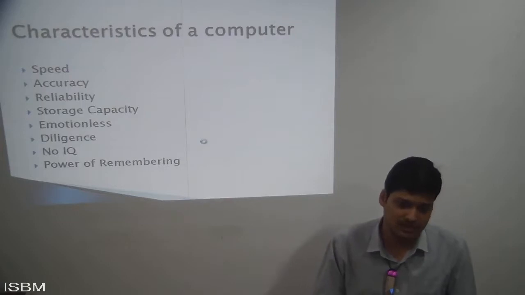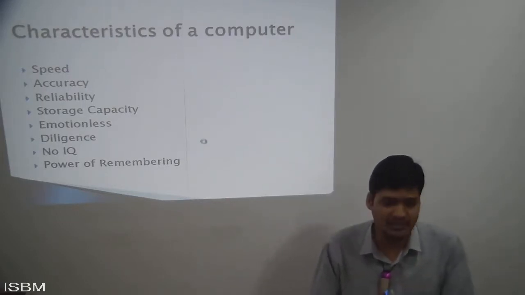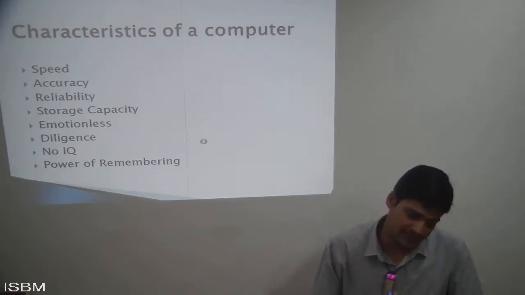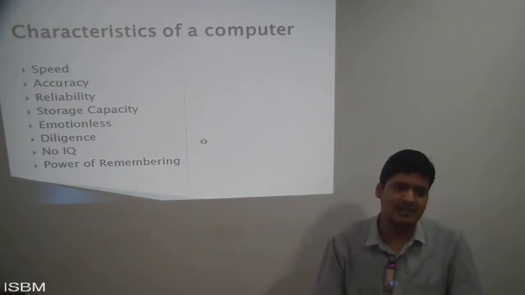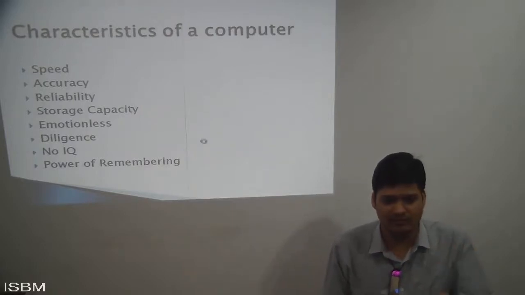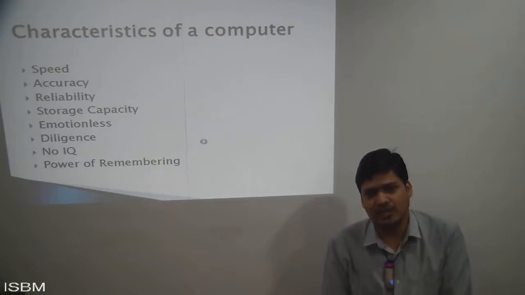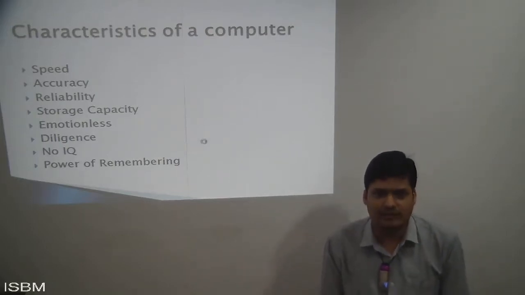You can work 24 by 7, but it will not feel tiredness or a lethargic feeling, nothing. The same applies to diligence: it will not feel lethargic throughout the day if you're working on the system. Just like a human being, if I work around 8 to 10 or 10 to 12 hours, even anyone can work 12.